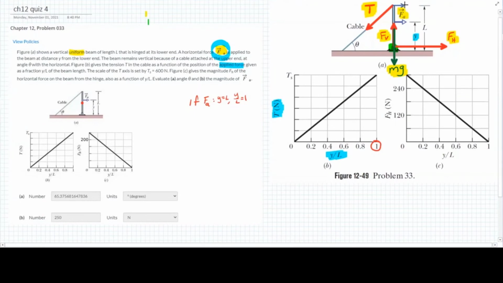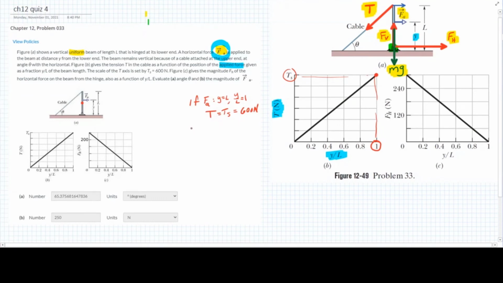If I move this F sub A all the way to the end of the beam, that means Y equals L, Y over L equals 1, and tension equals T sub S. This corresponds to Y over L equals 1, and that's T sub S. So if F sub A is applied at Y equals L, that means Y over L equals 1, and T equals TS, which for me, TS is 600 newtons. Okay. So that's good to know, I suppose.